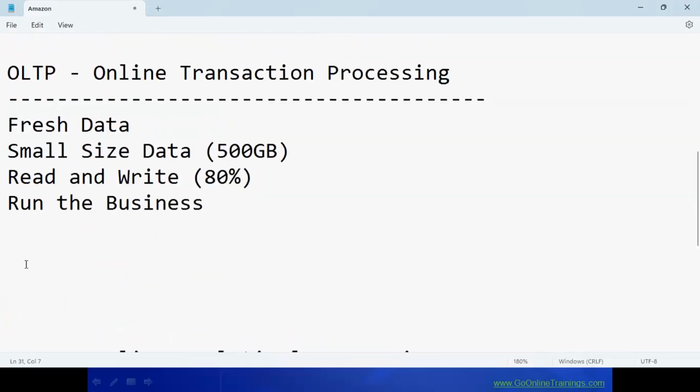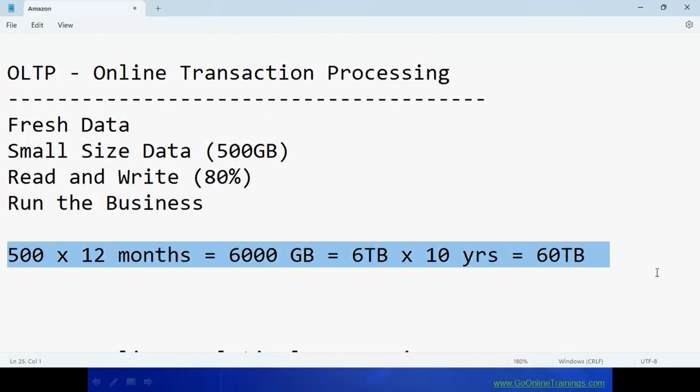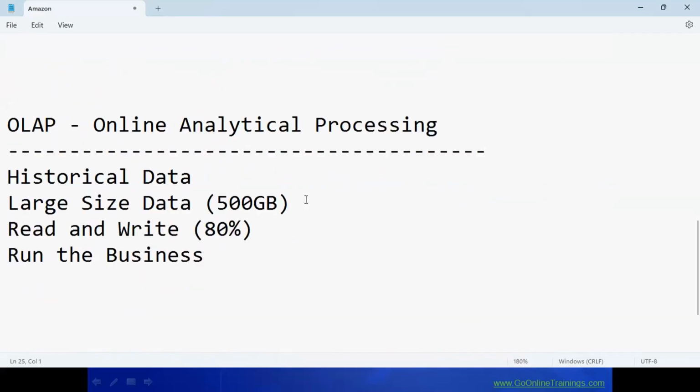So every month you are getting 500 GB, into 12 months, it will become 6000 GB, that is equivalent to 6 terabytes, into 10 years of data is equivalent to 60 terabytes of data. So all the 10 years of data, where will you maintain? All this data will be maintained here in the terabytes. Clear?